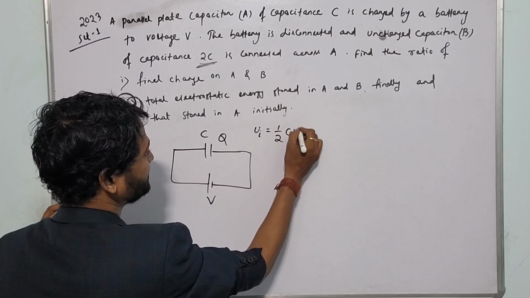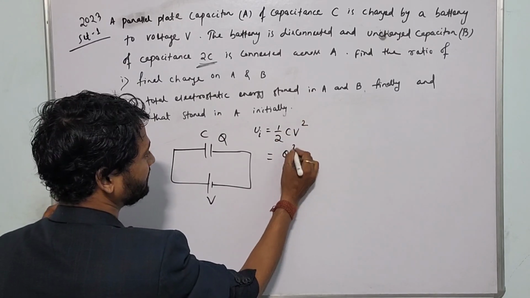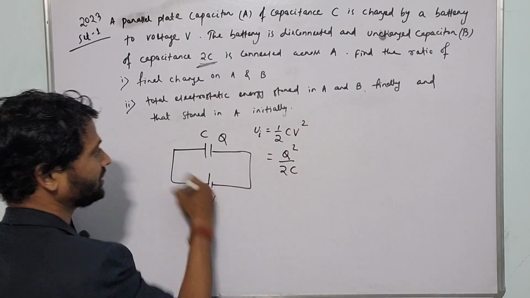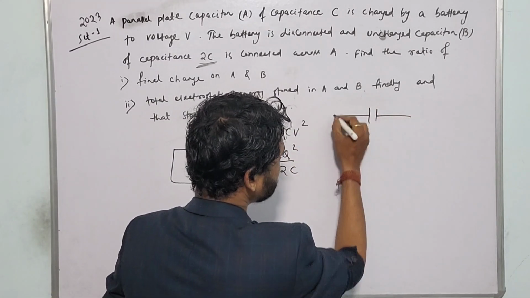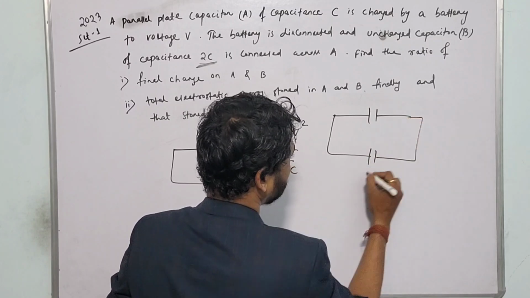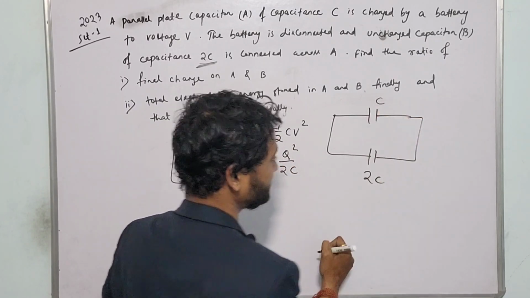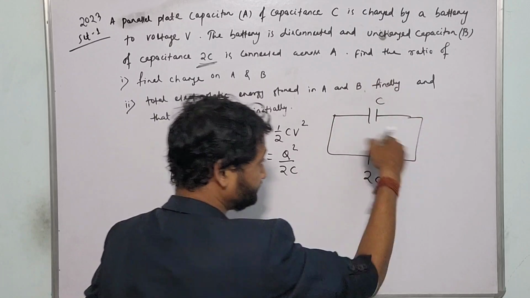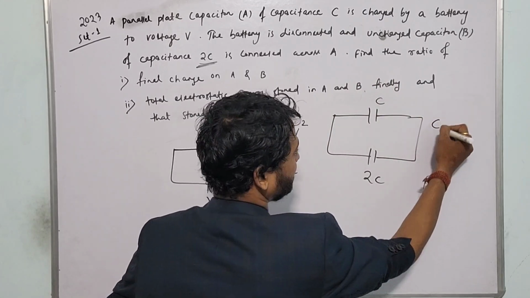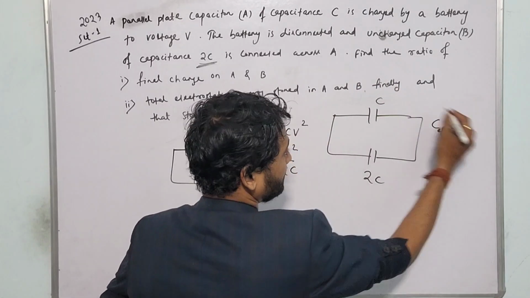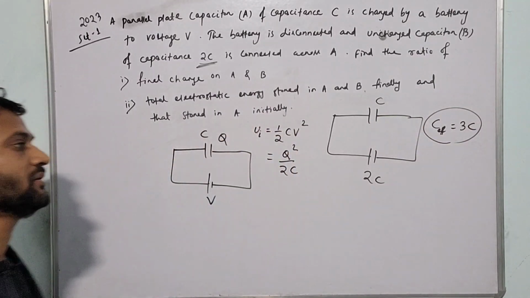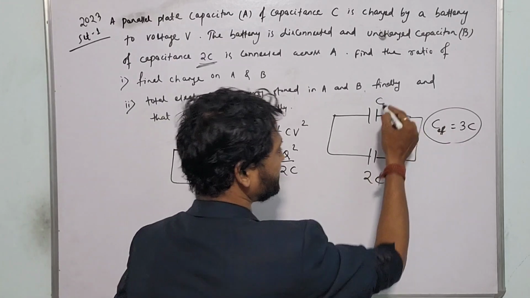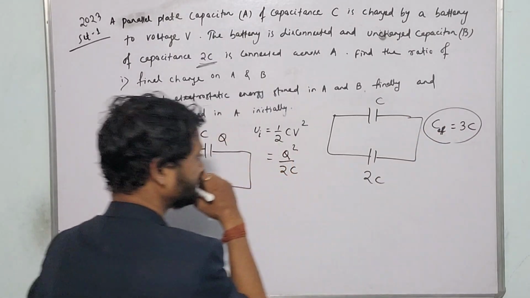It will be half into CV square, or you can write Q square by 2C. ये हो गया initial energy. Now the another uncharged capacitor 2C is connected to the initial capacitor C. Then what is the net capacitance? C effective is equal to C plus 2C. It is 3C.